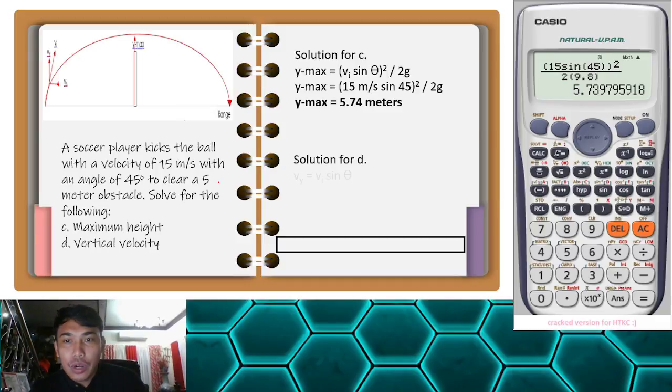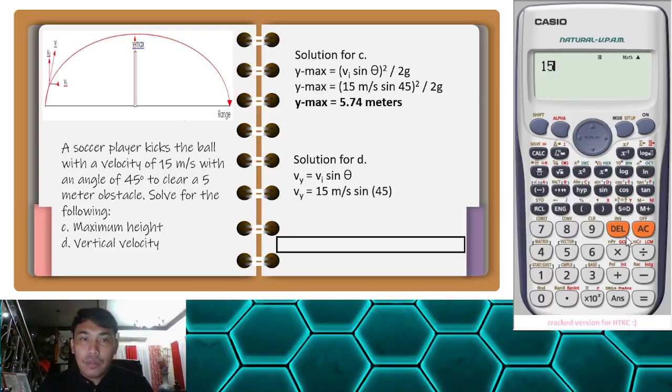Solution for D, which is the vertical velocity, using Vy is equivalent to Vi sine theta. Substituting, we will arrive at the answer of 15 sine 45, which is 10.61.